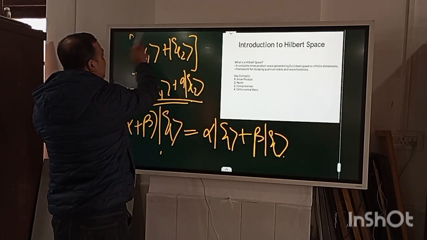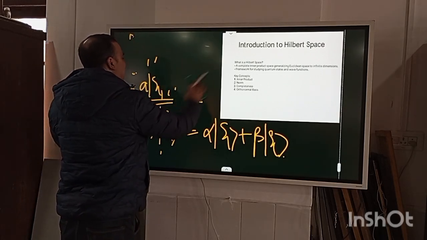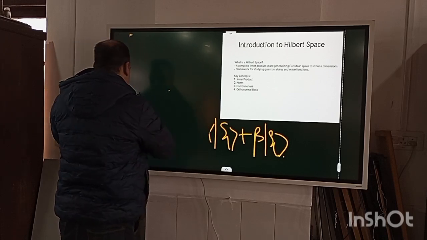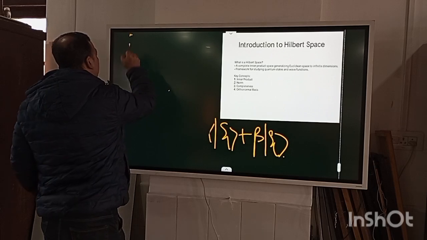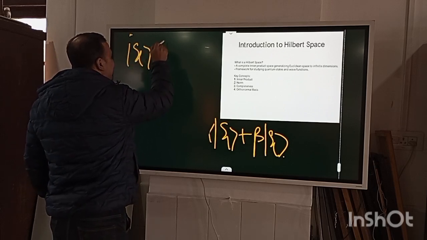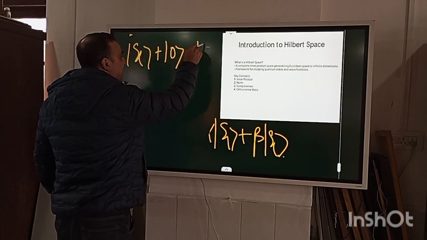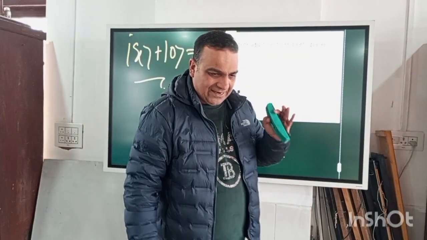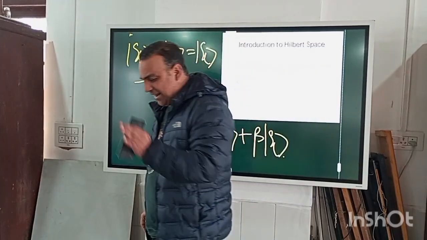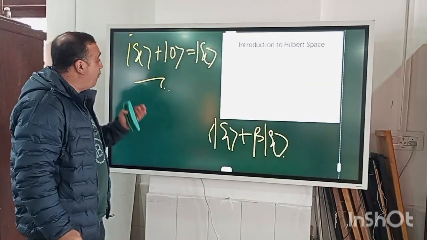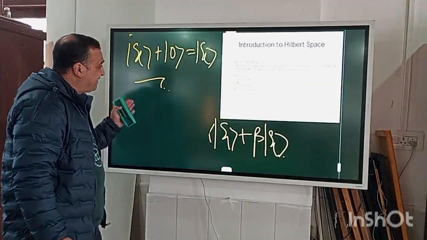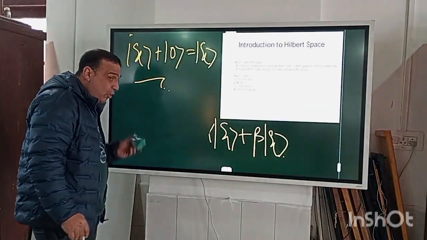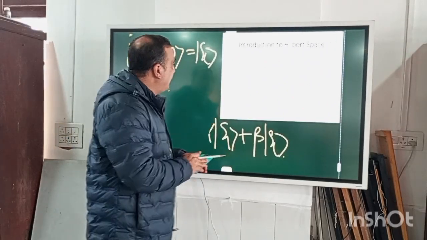Another important thing is what we call the null vector. If you have a state vector zeta and you add it with a null vector, you will get zeta. So what is important is that a space can be considered a Hilbert space if it obeys those vector laws that are true in Euclidean geometry as well.